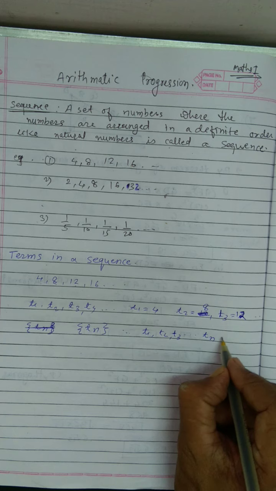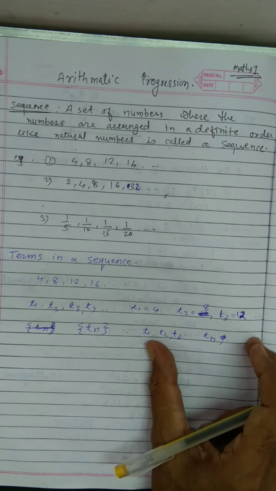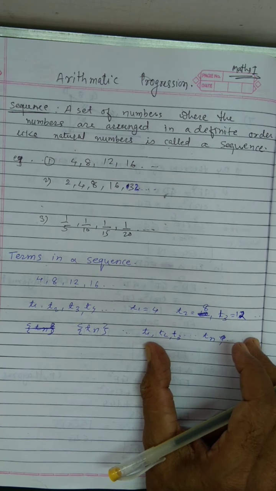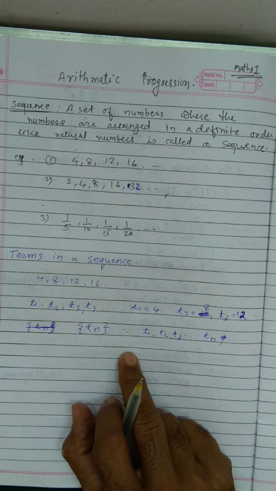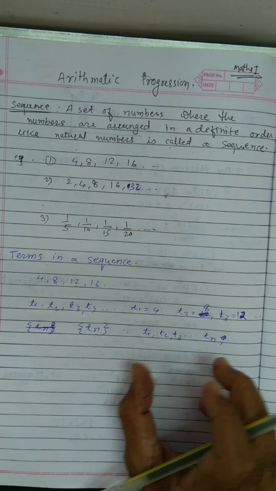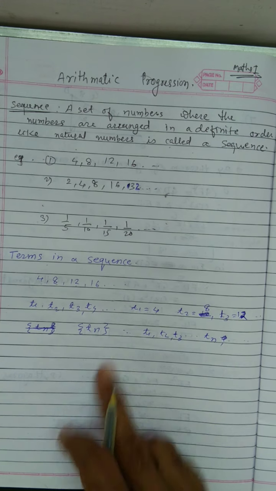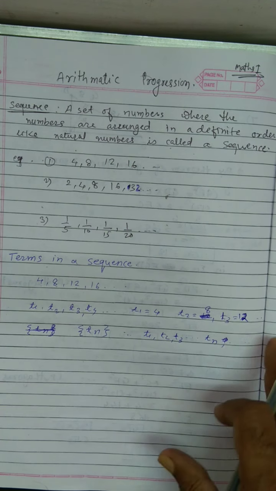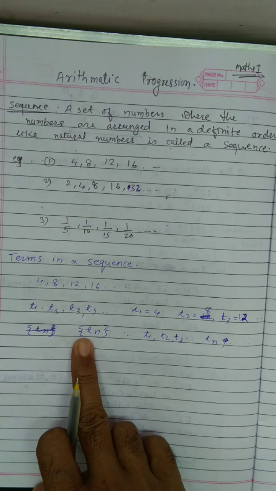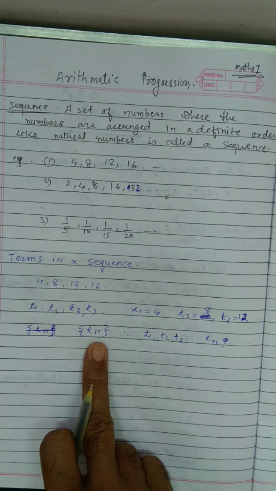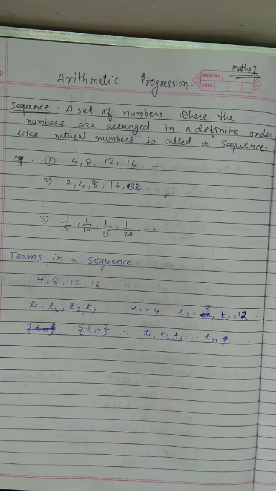This is not the last term; we can continue to the next terms also. This is an infinite sequence, and these are called the terms of the sequence. There are infinite terms in that sequence. The sequence is denoted by {Tn}, in curly brackets.